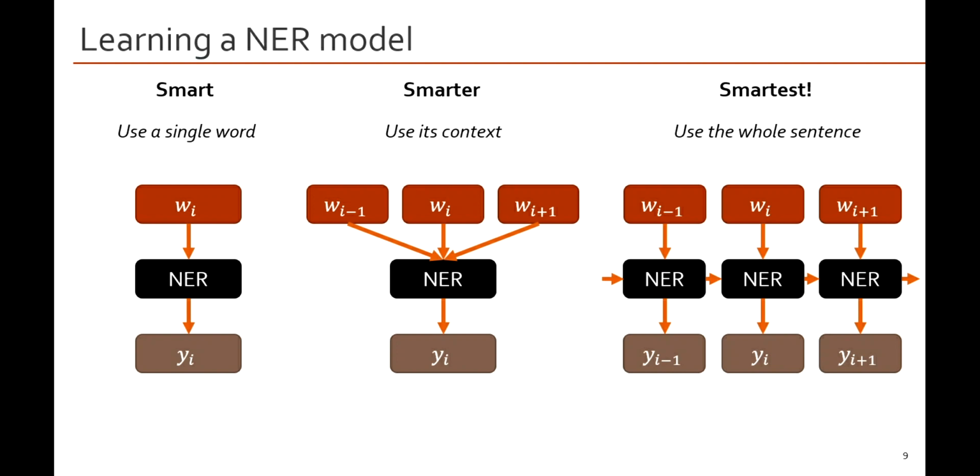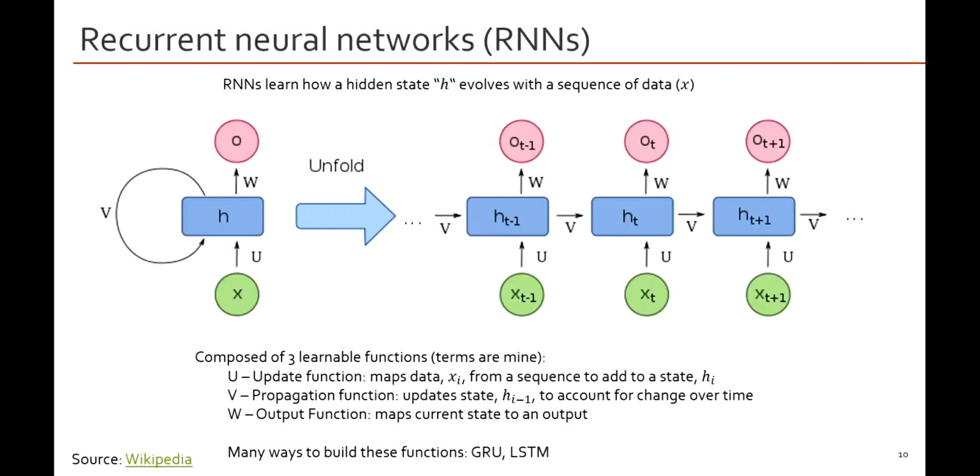And this technique is known as a recurrent network, or you might also hear the term RNNs, where this is a type of model that, as we just demonstrated, learns how some state describing a sequence changes as I move along the sequence. So, as illustrated in this picture here, taken from Wikipedia, it's composed of 3 functions.